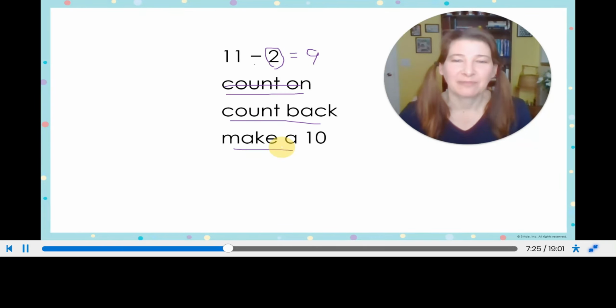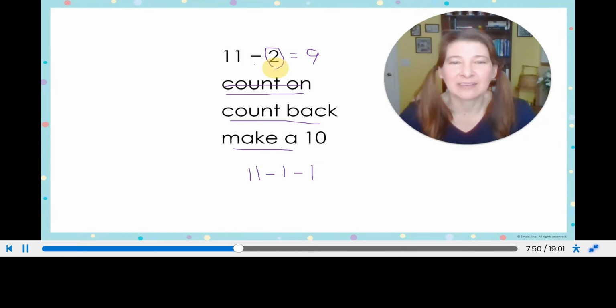Could we have used the make a 10 strategy? We could have. Imagine 11 counters in a frame, and you want to empty out that second frame, so you would be taking away 1 counter, and then you would have to take away another counter.